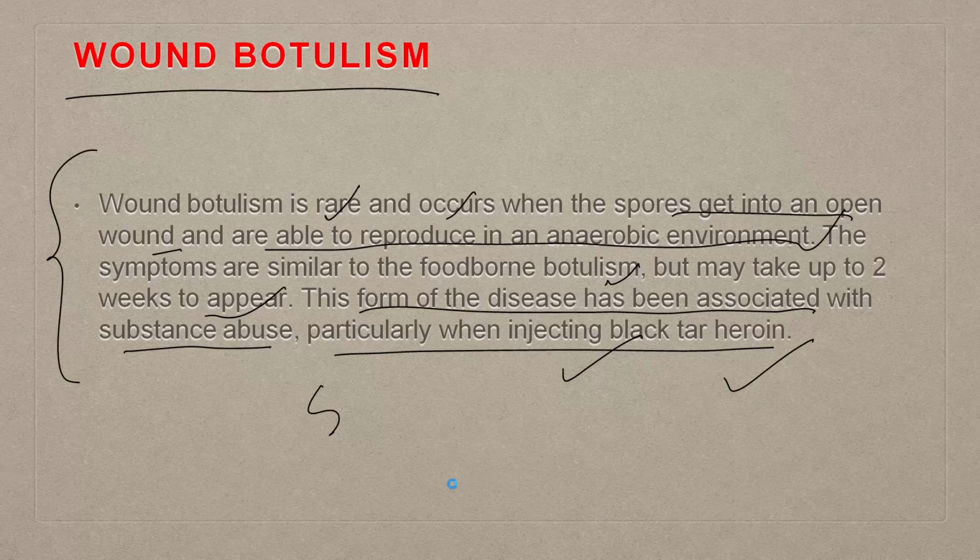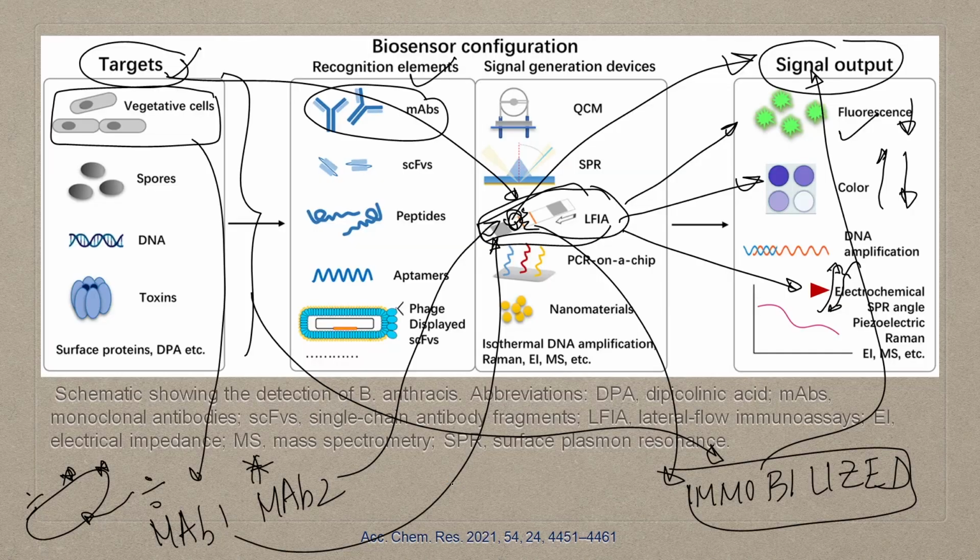Say, for example, these vegetative cells of Clostridia are not going to show any effect until they develop this toxin. But this toxin production will only happen in the absence of oxygen and at a certain temperature and pH.